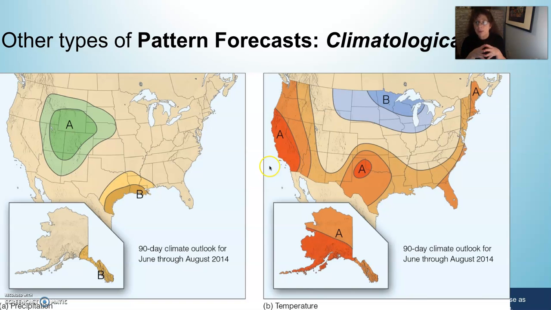The Farmer's Almanac actually bases their climatological long-range forecasts on the short waves and the long waves that are noted in the atmosphere. Obviously the Farmer's Almanac goes back 200, 250 years.